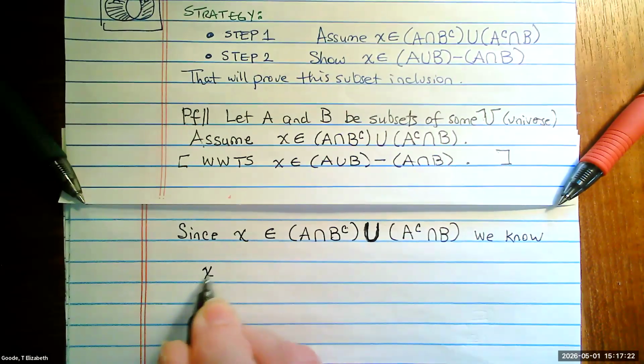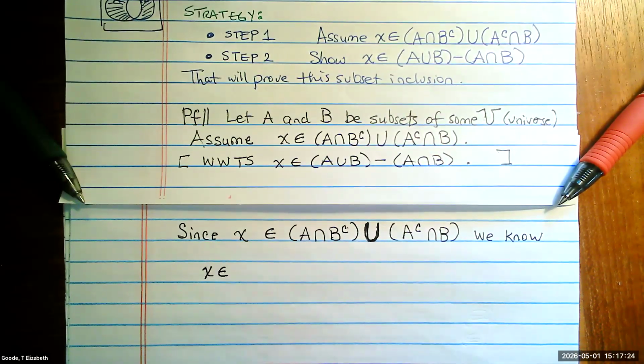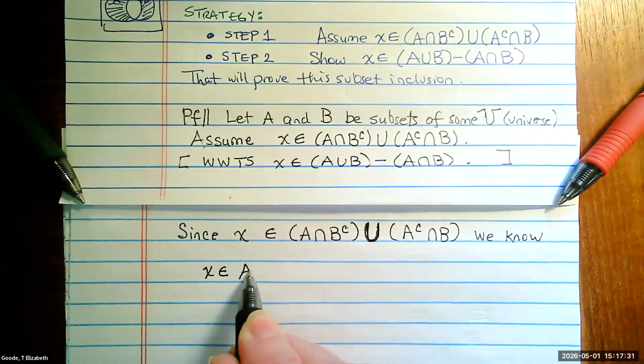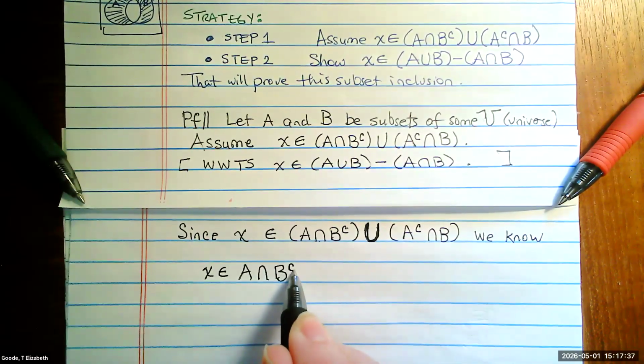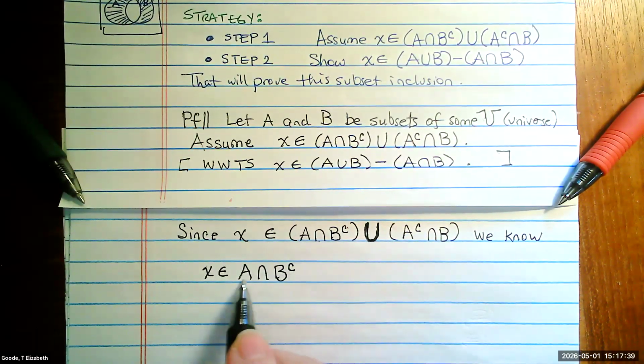We know X is an element of A intersect B complement. Go on and just write the symbols at this stage. We'll break down this to an and in a minute.